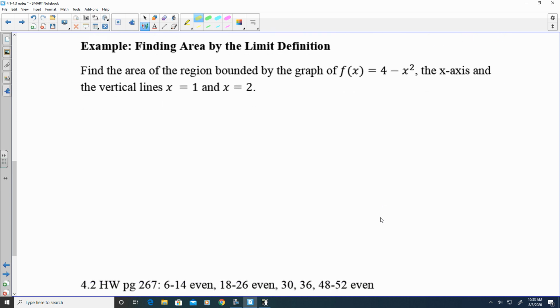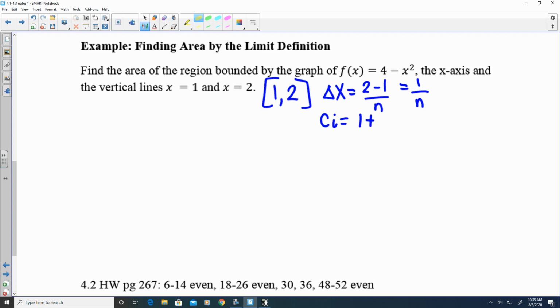Okay, one more example. So we're from 1 to 2. Our delta x is 1 over n, and our CI is 1 plus I times delta x. First step is plugging the CI into the function.